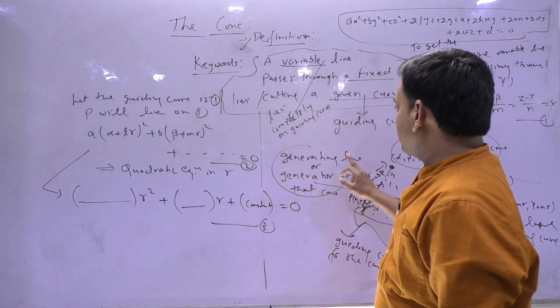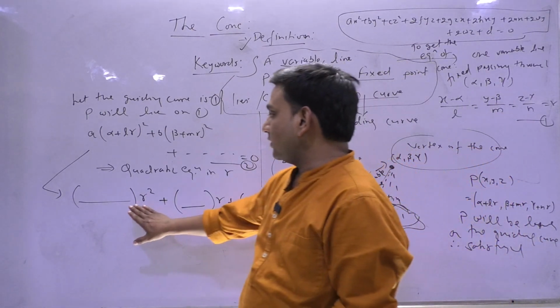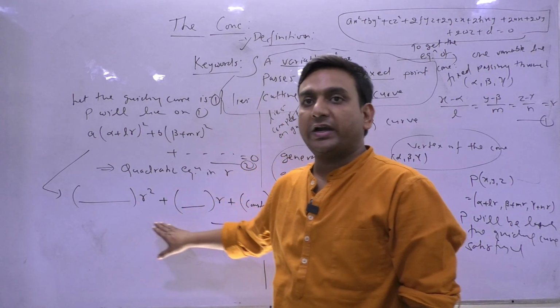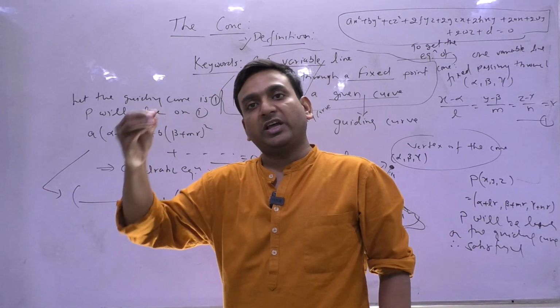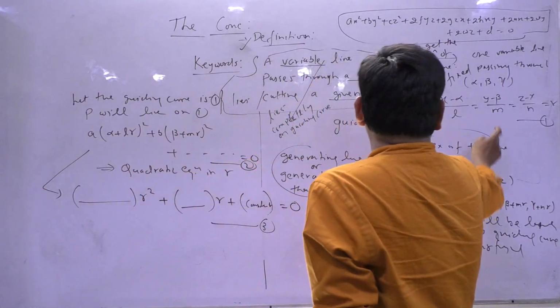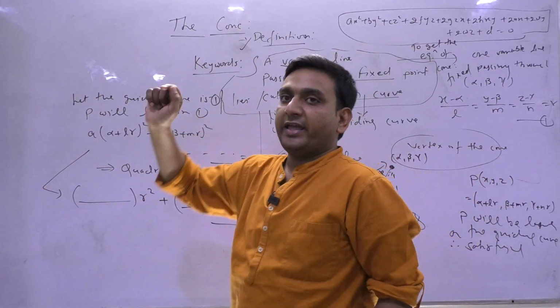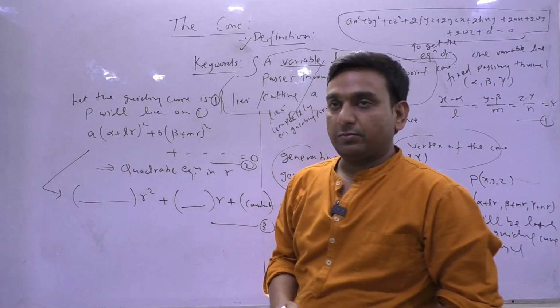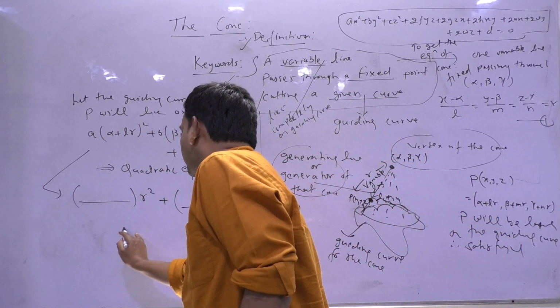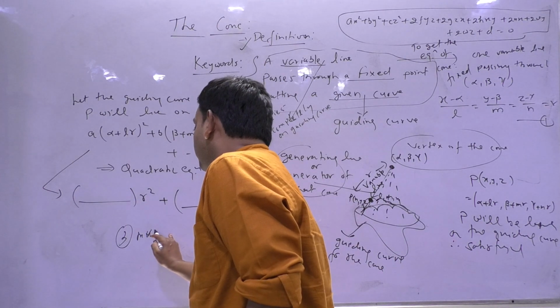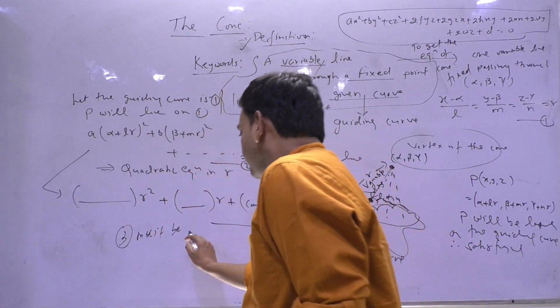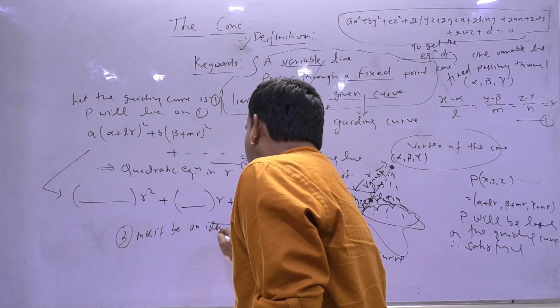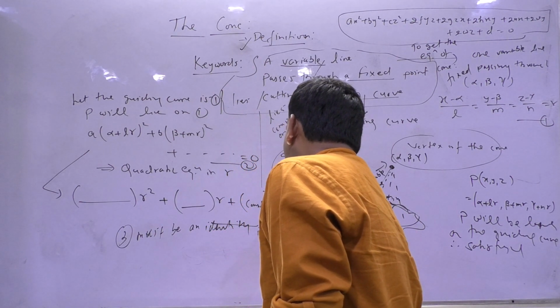So whatever the value of r, whatever roots you get from here, no matter what r you give, that point on this line will be lying on the guiding curve. So this 3 must be, please focus here, if any doubt then let me know in the comment section, this must be an identity in r.